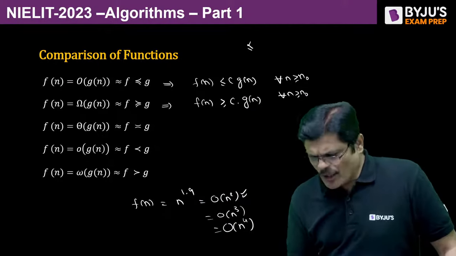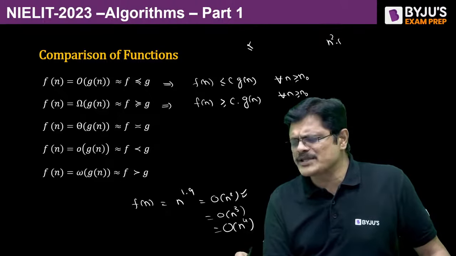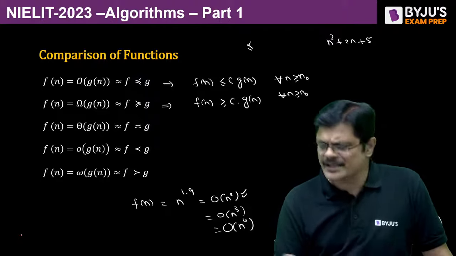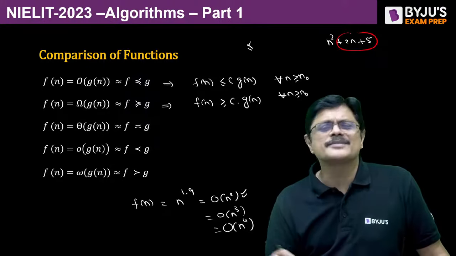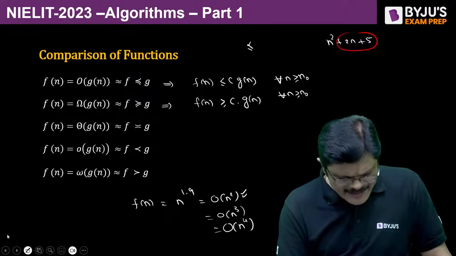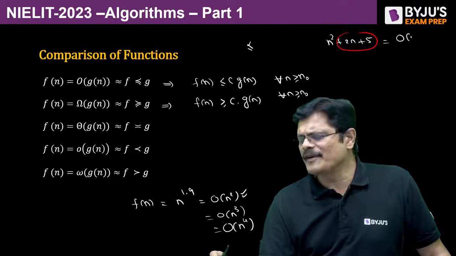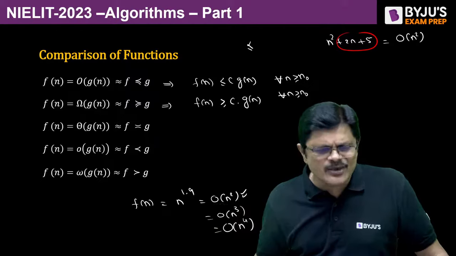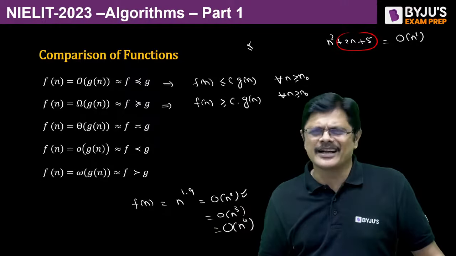Or you can take n square plus 2n plus 5. For this, you can drop the lower order terms and write it as big O of n square. Actually, for polynomials, you can directly write big theta of n square also, my dear friends, without any problem.